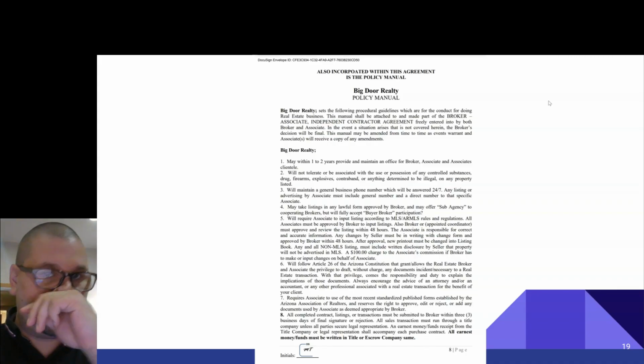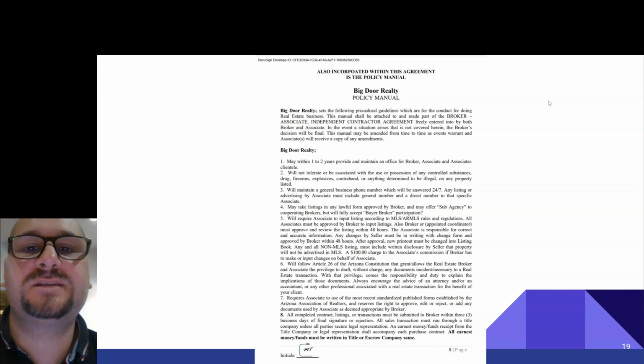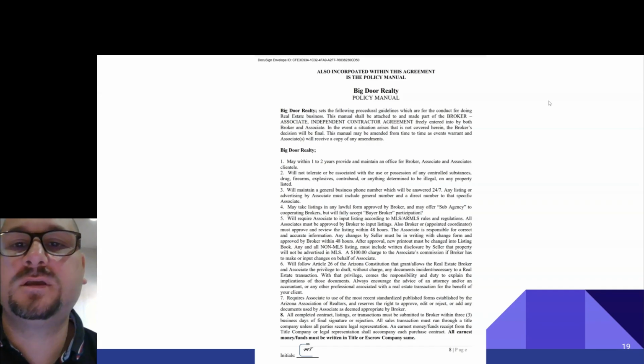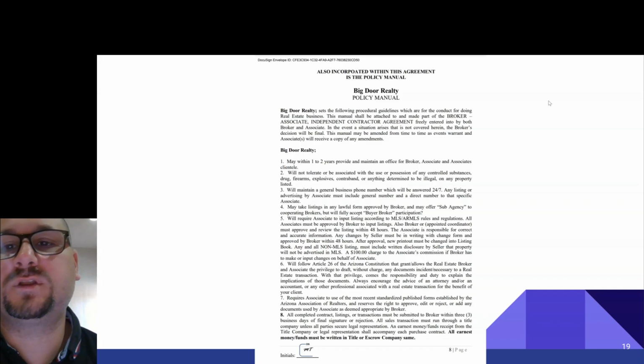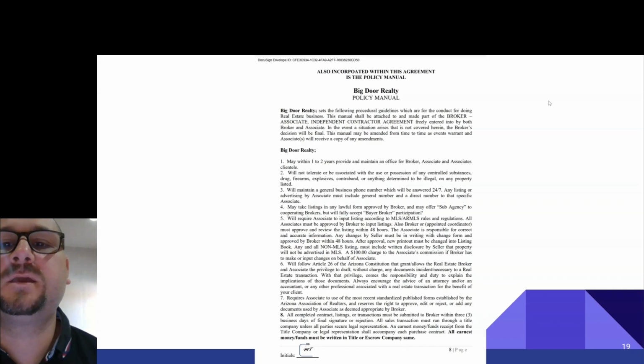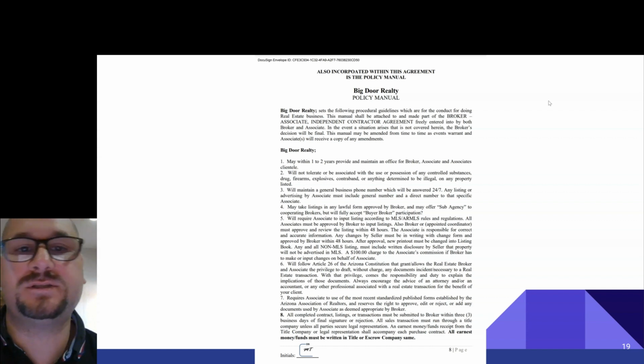the Policy Manual. So Big Door Realty sets the following procedure guidelines, which are for the conduct for doing real estate business. This manual shall be attached to and made part of the broker associate independent contractor agreement, freely entered into by both broker and associate.